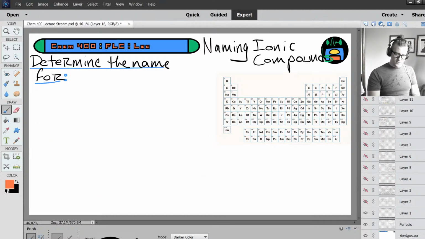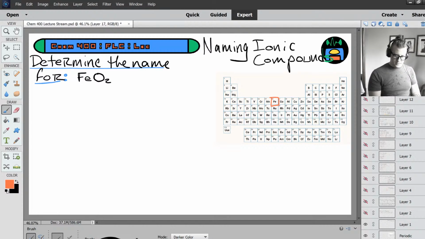All right, let's do another example. Let's determine the name for FeO2. All right, well, iron is right here.